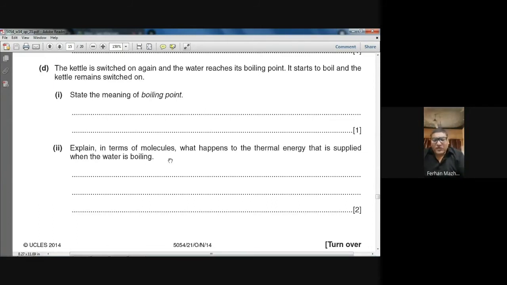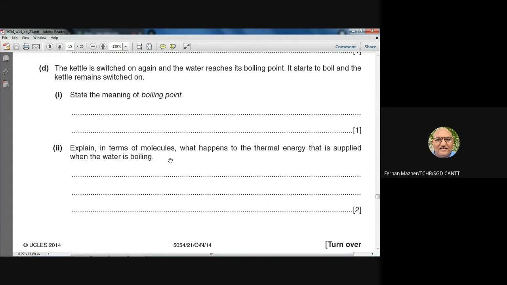The thermal energy which you supply is used to overcome the intermolecular forces, to separate the molecules from each other, and to increase the potential energy. It is also used to overcome the atmospheric pressure.